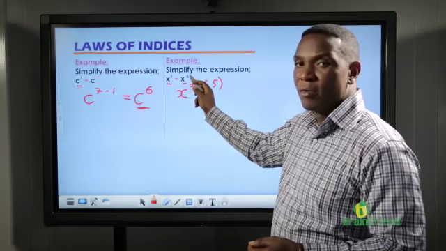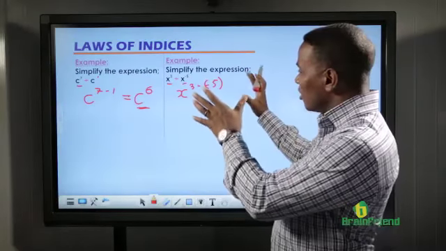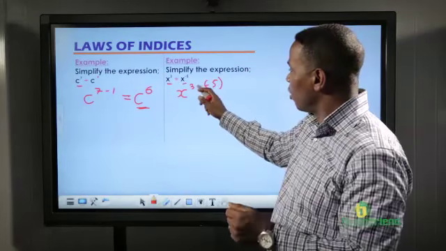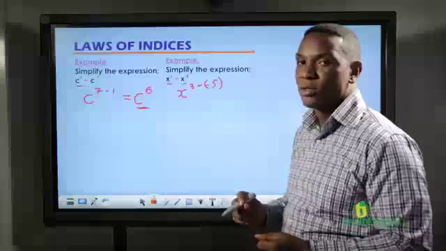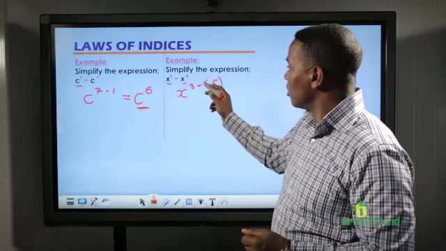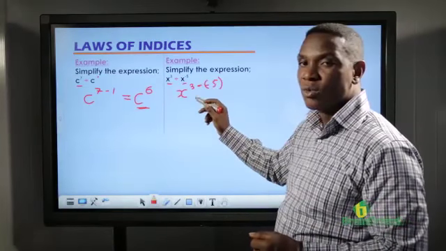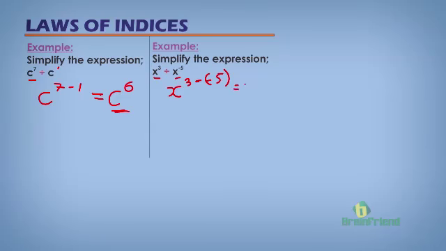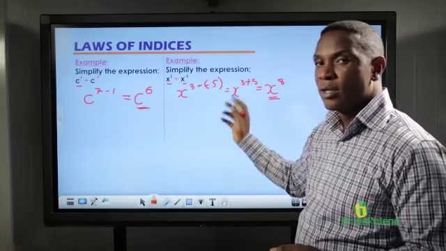This minus 5, remember, is on its own, while our operator here is minus. And of course, we know that minus times minus would give us a plus. So this could be written as 3 plus 5, which is equal to x raised to power 8. We get it, don't we?